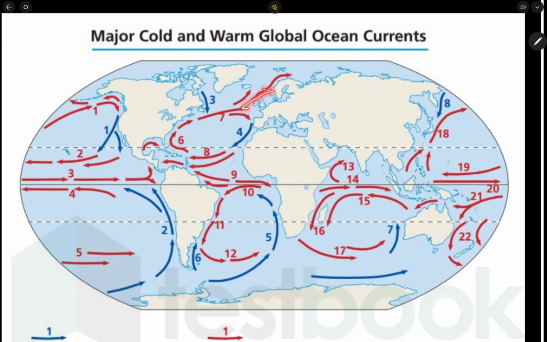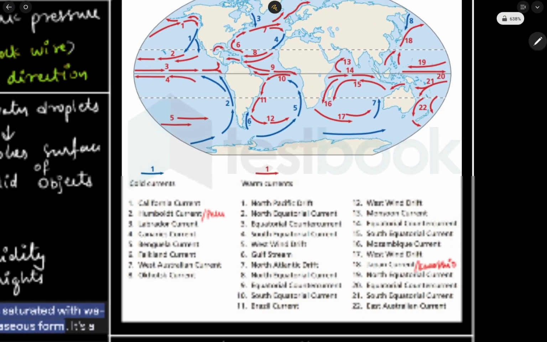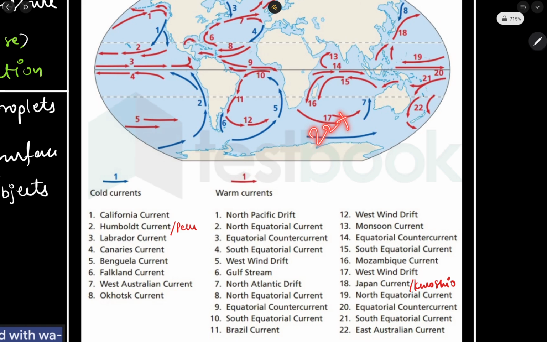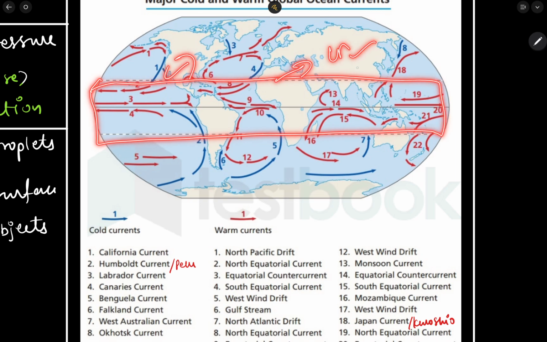And also we need to remember whether the ocean current is a cold current or a warm current. So basically we have 22 plus 8, 30 ocean currents. We need to mainly focus on the currents which are in the mid latitude region, that is between the Tropic of Cancer and the Tropic of Capricorn.